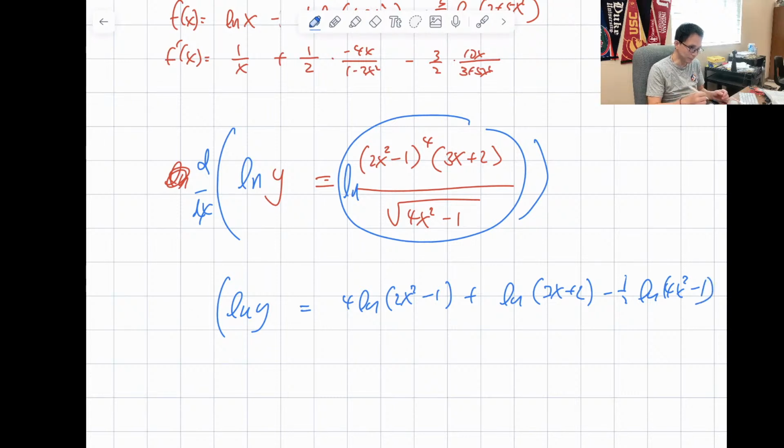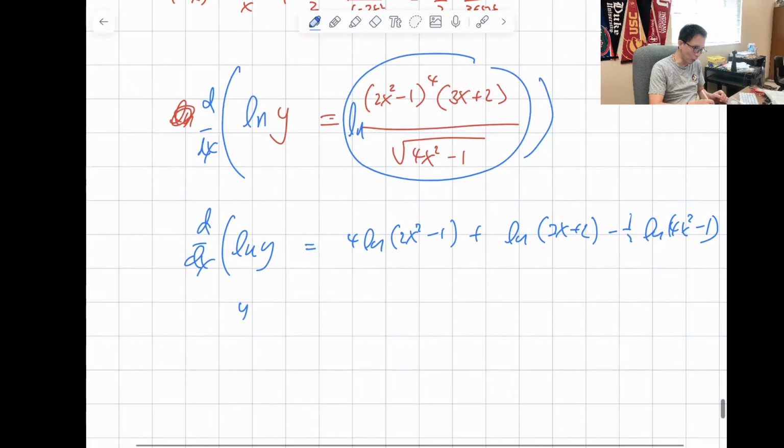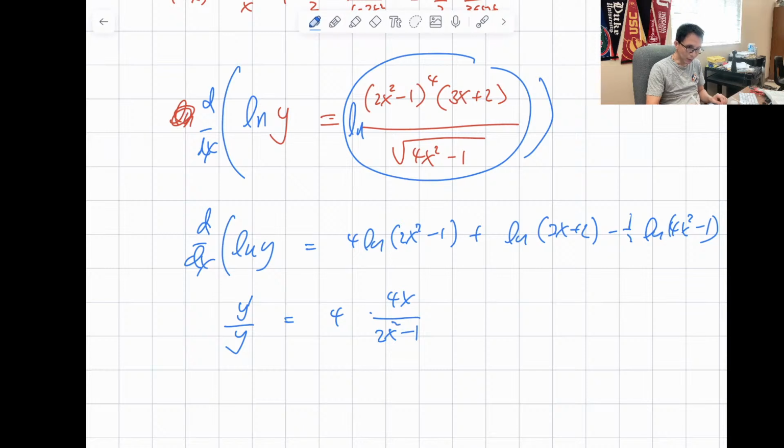Is that okay? Now I take a derivative. I'm going to get y prime over y, and that's going to be 4 times 4x over 2x squared minus 1 plus 3 over 3x plus 2 minus 1/2 times 8x over 4x squared minus 1.